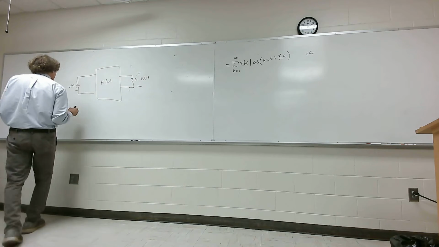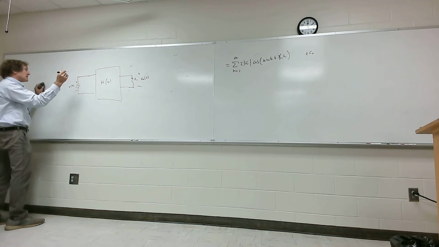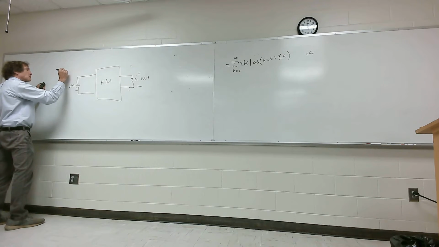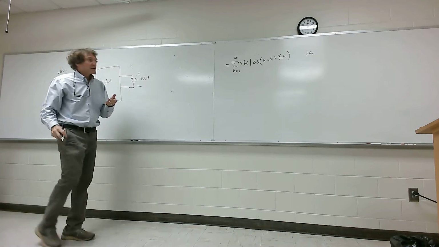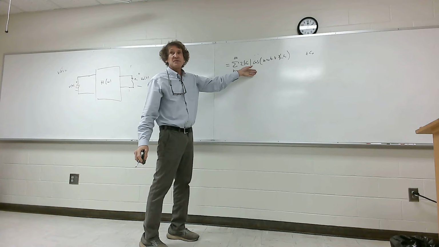Well, this v of t, if it's a periodic waveform that's feeding it, can be represented, and by the way, this representation doesn't matter if it's trapezoidal or anything. If you have a periodic waveform, you can get C of n for the exponential series.